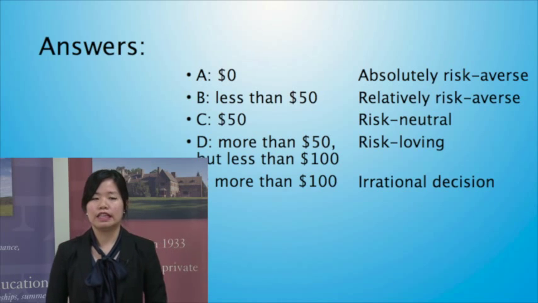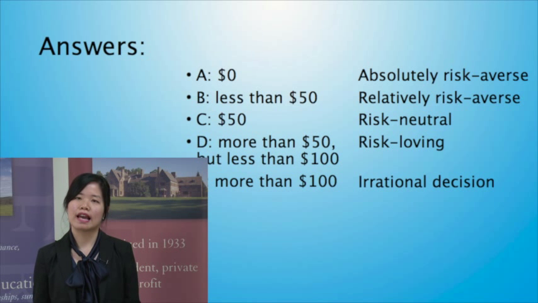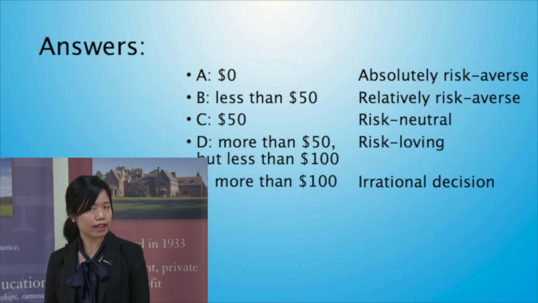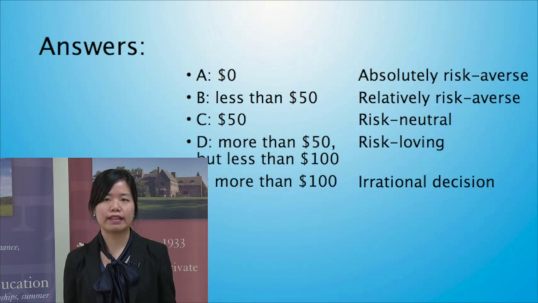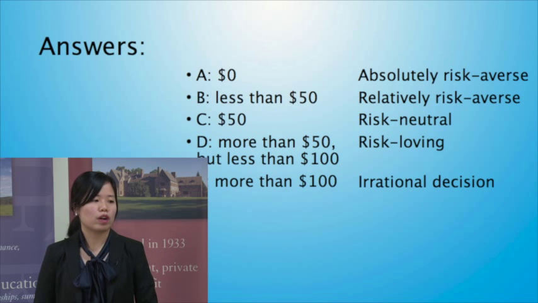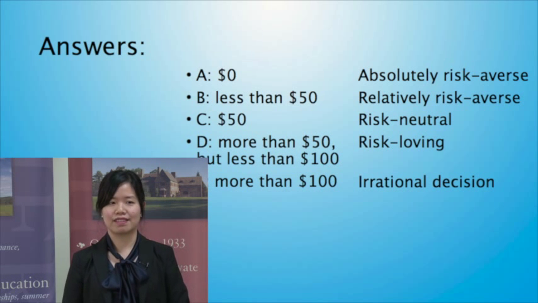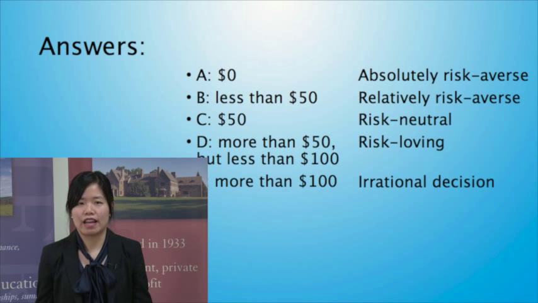Okay, here, check your answer. If you choose A, even though you could have $1,000 at the end, you still don't want to play this game. You do not want to take any risk. You are absolutely risk averse. So you have cash.